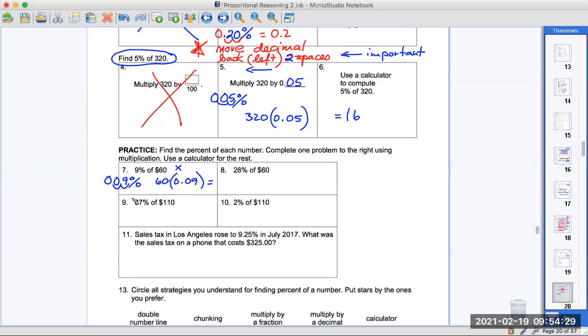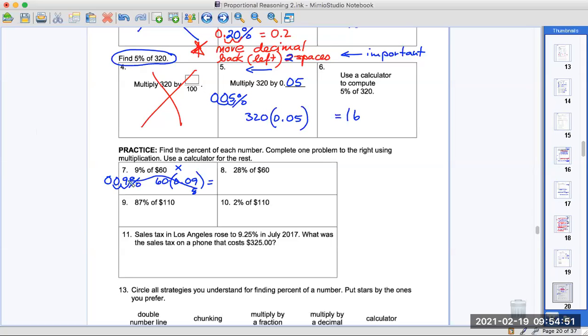So when you get that, it should be, oh, I didn't work it out, so I'm going to do it myself. 60 times 0.09. I got 5.4. But remember it's dollars.